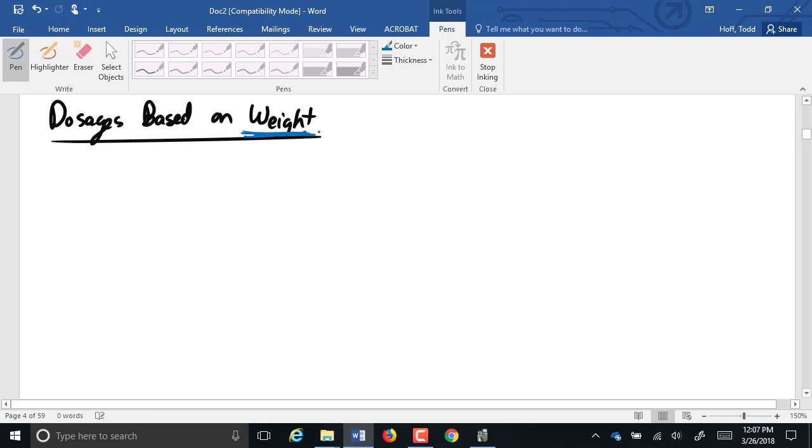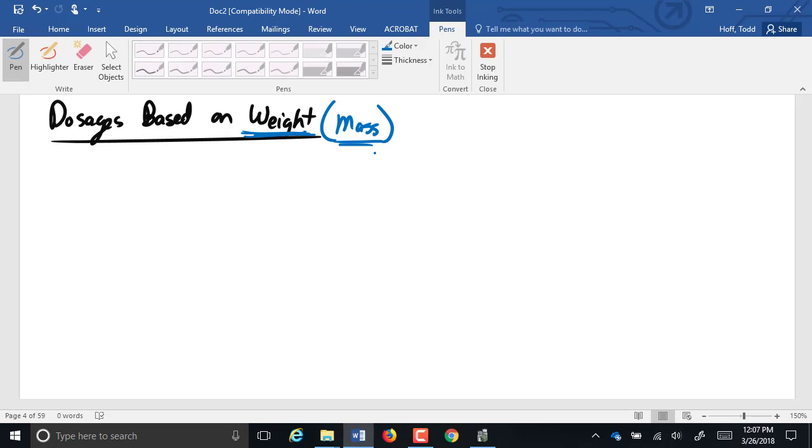We keep saying dosages based on weight, but what we're really using is mass. And we're using kilograms in the metric system for our calculations here. But it's okay to say weight because generally we're taking a standard weight in pounds and converting it into mass. And as we've mentioned before, that consistency of gravity on Earth allows us to do that.